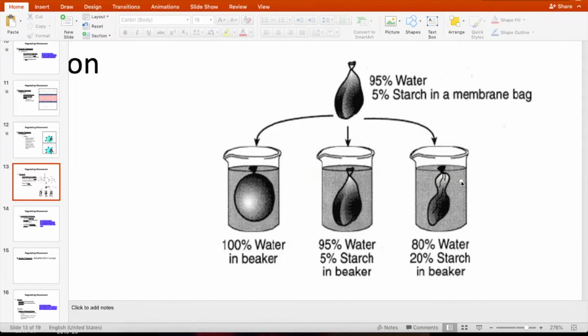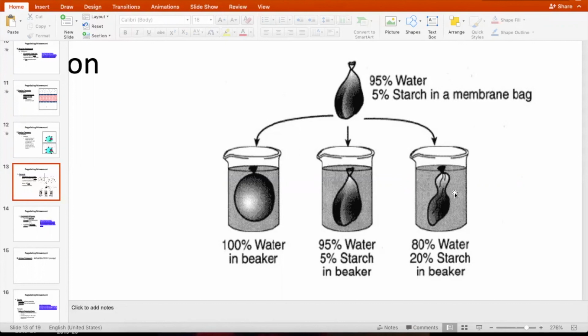Other way around. If there is 80% water and 20% starch in the beaker, that means there's more starch outside than inside. More starch in the outside water than there is in the inside water. So there's a high concentration of starch and a low concentration of starch, which means concentration gradient. High, low, the starch wants to spread in. But again, if the starch can't get in, then osmosis will happen.